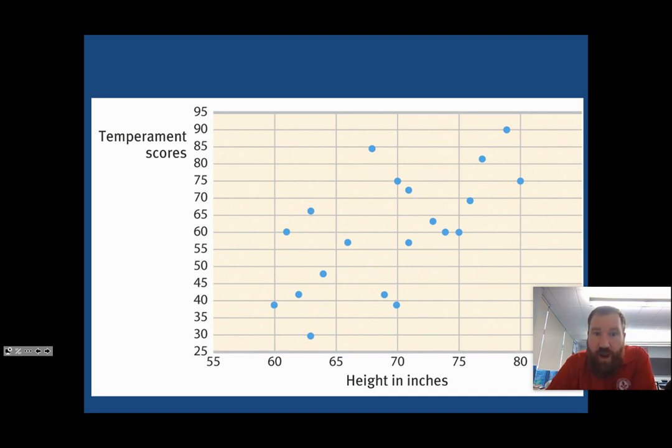Even though there are plenty of outliers, the slope tends to be positive. So plotting the data on a scatter plot like this is really helpful to see if there is a correlation or not. And this is kind of the data that we usually see in psychology, in terms of how strong that correlation is.